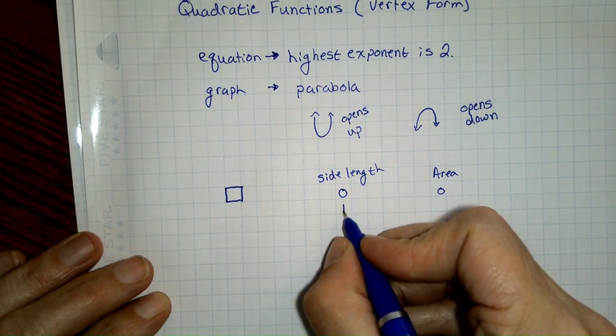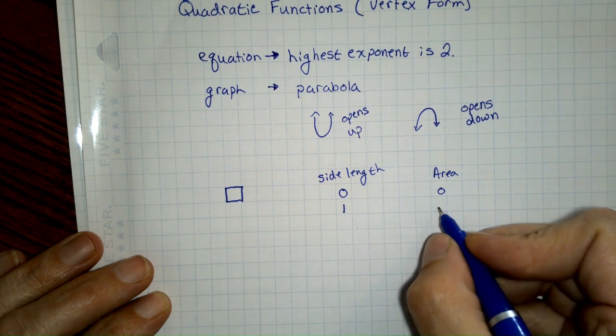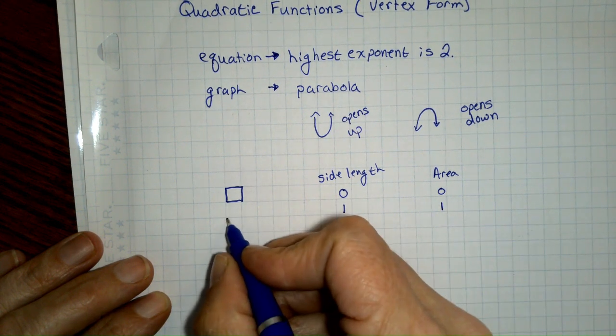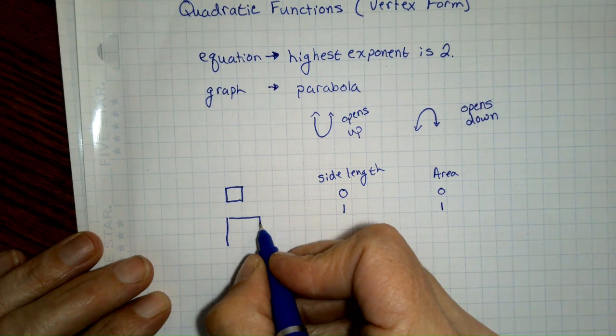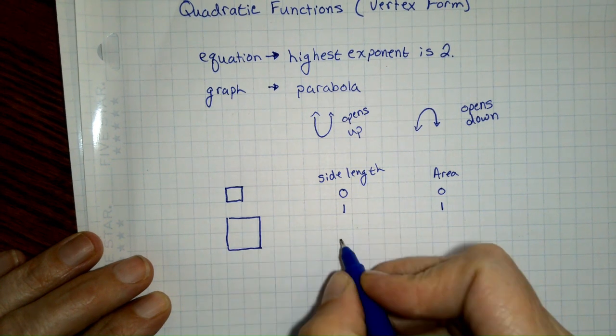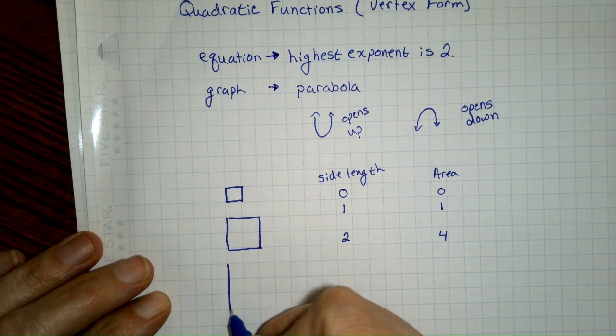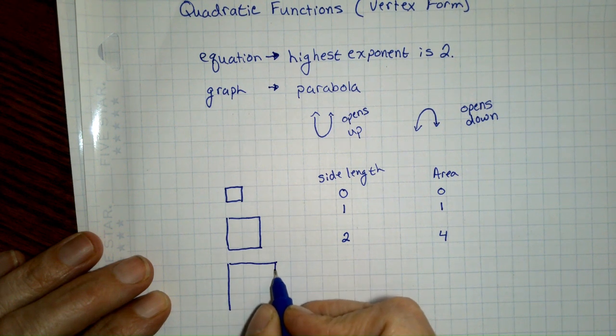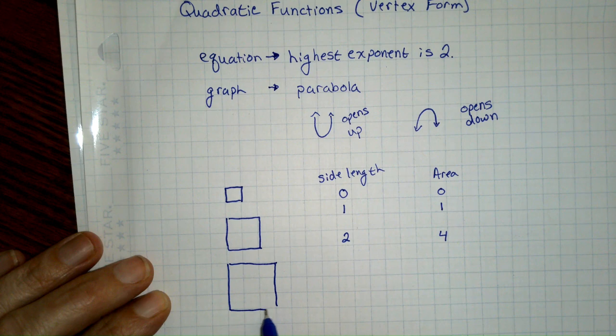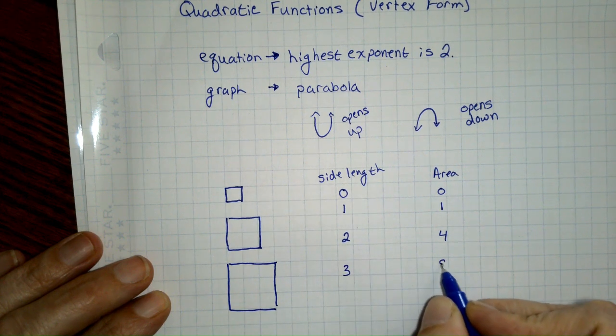But if your side length was 1, we can see here we have 1 square. If your side lengths are 2, a 2 by 2, now we're at 4. And a side length of 3, now we're at 9.